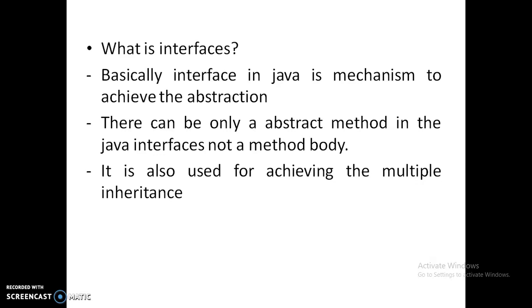So you can say interface is nothing but the blueprint of a class with only the declaration of abstract methods, not the body of those methods. By using these interfaces, you can achieve the abstraction feature in Java.